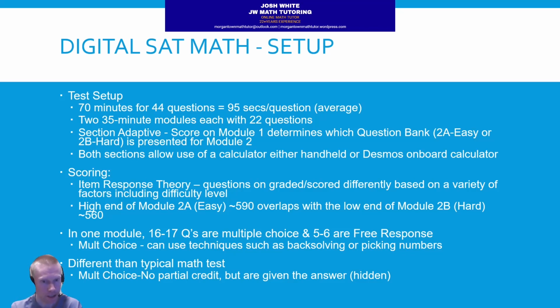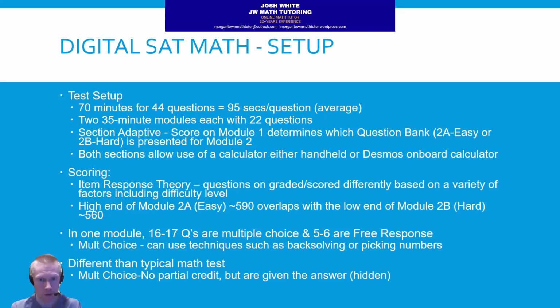Another thing to keep in mind is that if you get the easier of the two second modules, what I call module 2A, the maximum that you can score, even if you got every single question correct on the second module, is somewhere around a 590, maybe a 600. And that kind of overlaps with the low end, or the minimum you could get, if you end up getting the harder module, or module 2B.